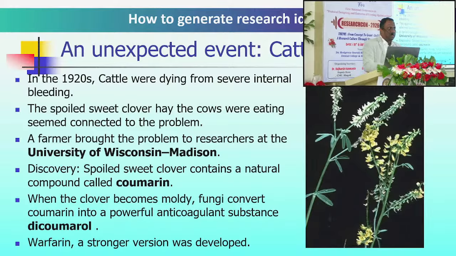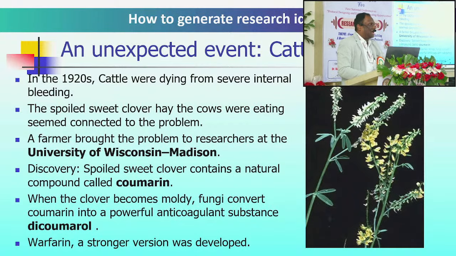So it happened for many years, and one farmer brought a dead cow with that hay to the University of Wisconsin School of Medicine, and there they studied that spoiled hay, and they identified the natural compound called coumarin.